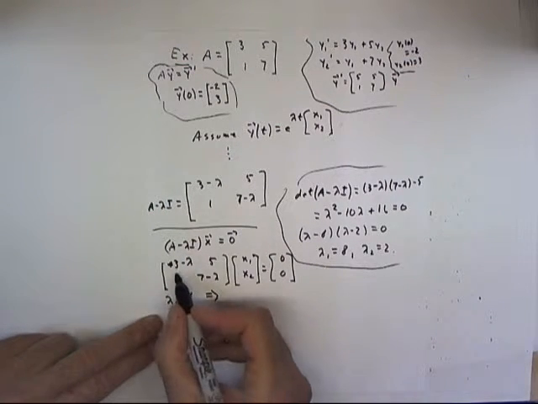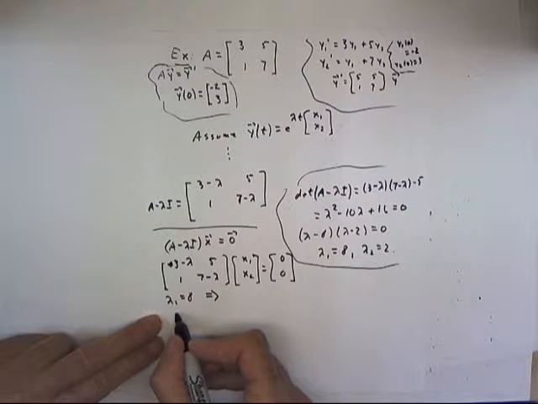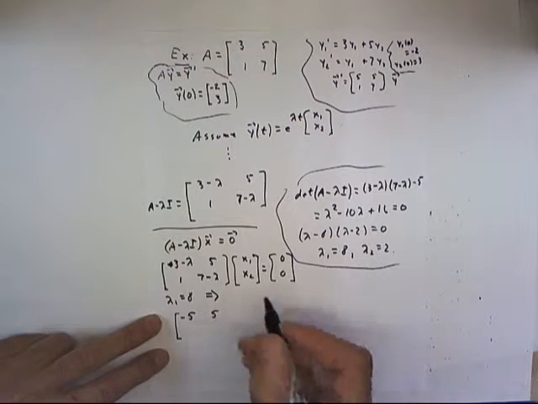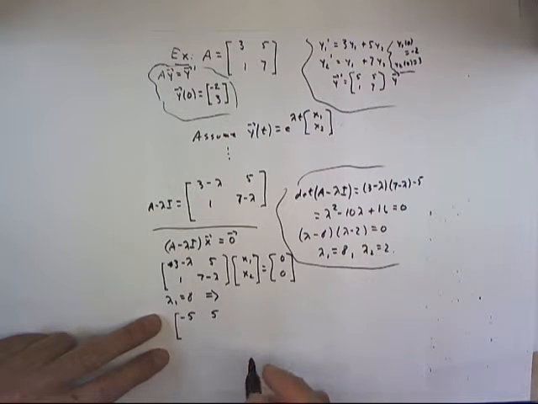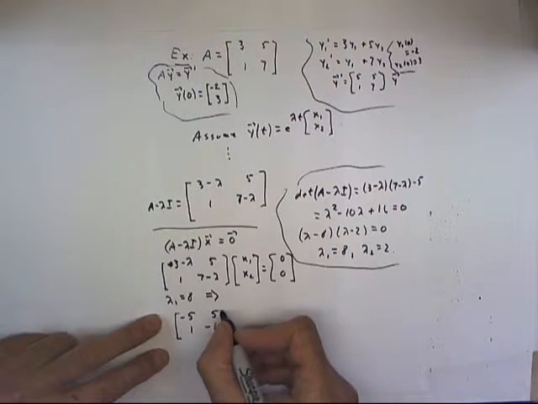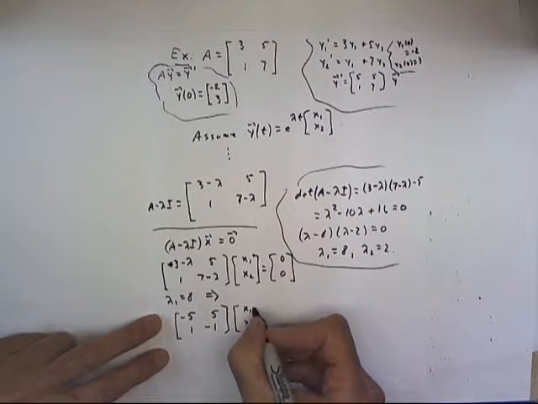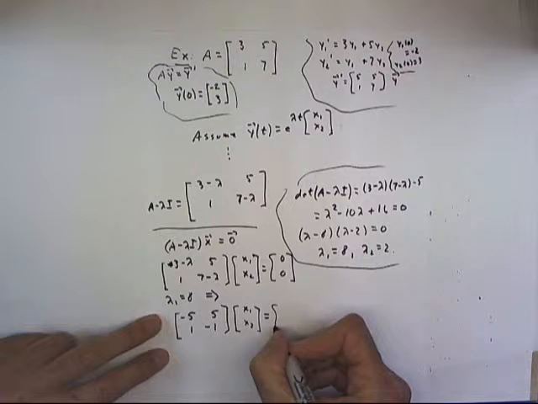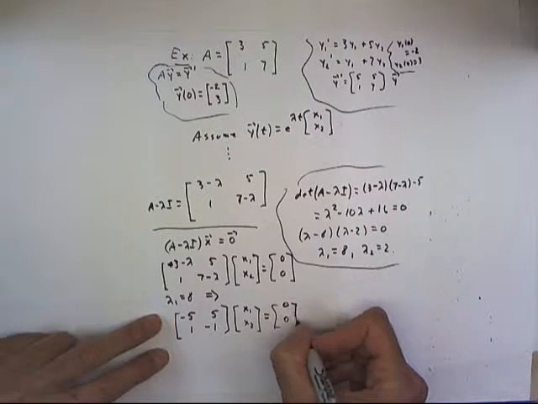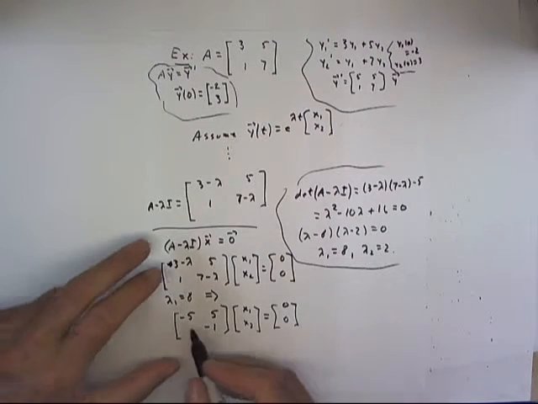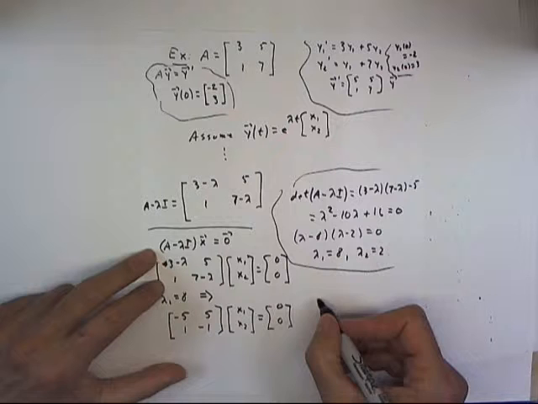So if lambda 1 equals 8, then 3 minus 8 is negative 5. So we get negative 5, 5. And 7 minus 8 is negative 1, so we get 1, negative 1, multiplied by x1, x2 equals 0, 0. This translates into two equations.